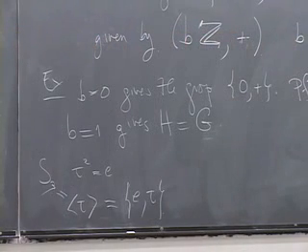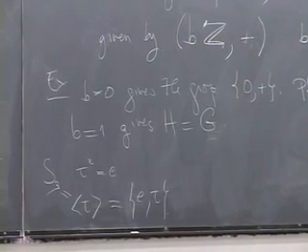So that's a big question. Namely, do you get to a power of g where it becomes the identity element or not?